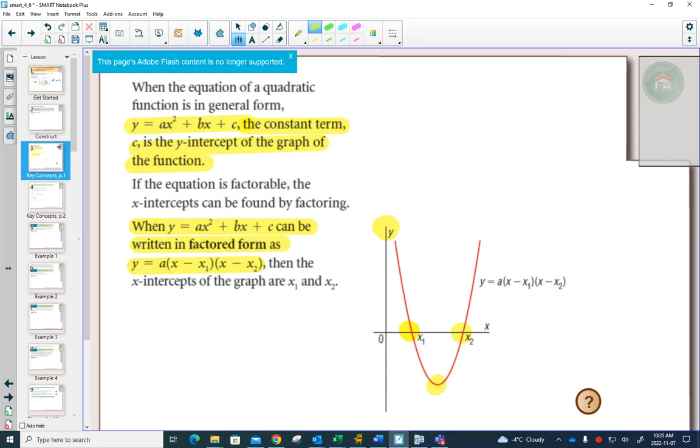And in the general form, if you plug in 0 for x, the part with the a goes away, the part with the b goes away, and you're just left with c. So your y-intercept is probably easiest to find from the general form. But you could plug in 0 for x in a factored form as well.